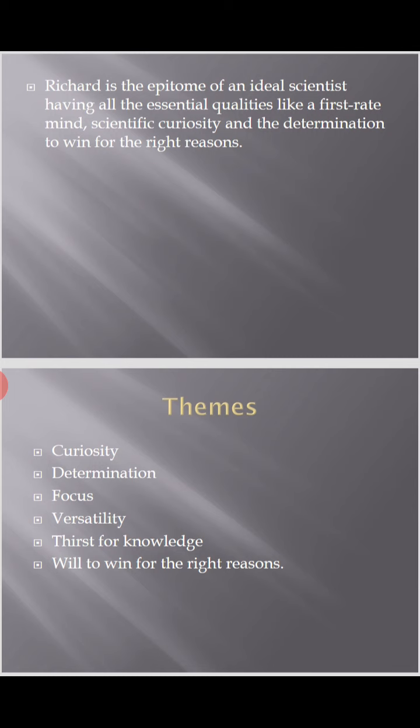His focus, that is, he was very focused in whatever he was doing. He participated in one exhibition. After the exhibition, he improved upon his mistakes, and gave breakthroughs in the field of science through his experimentation.